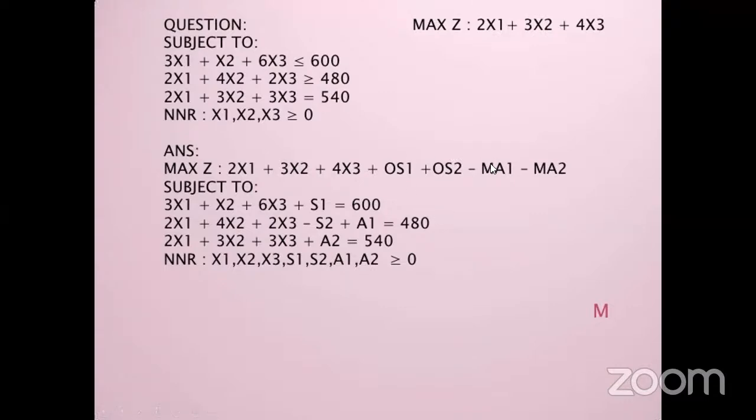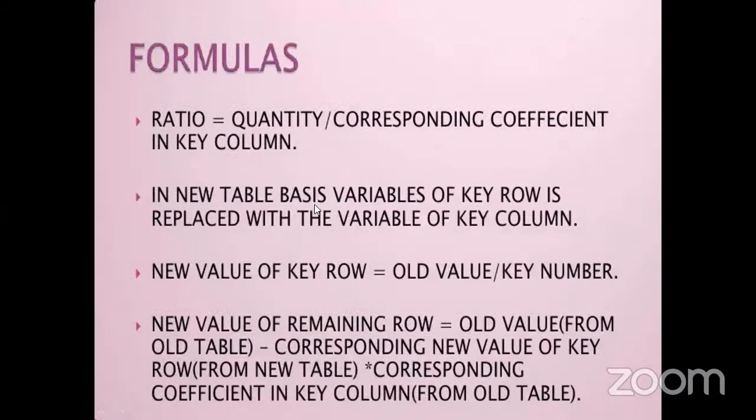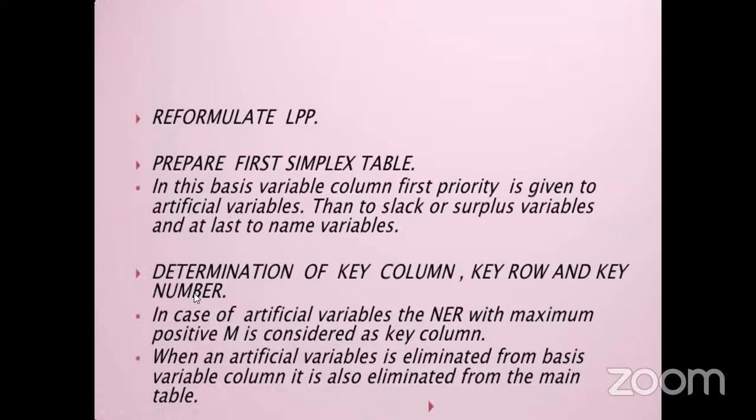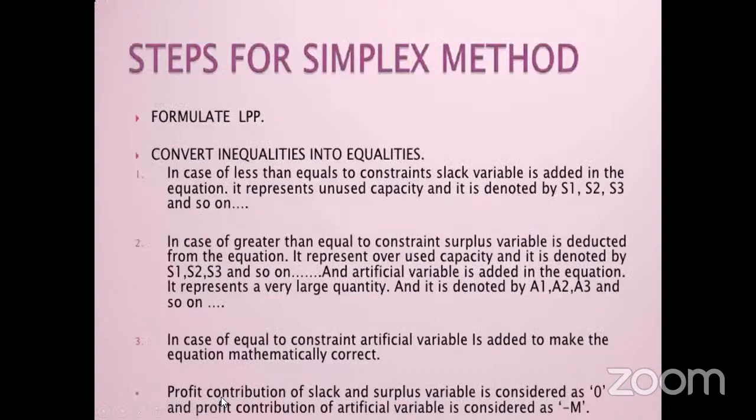That is the theory we just discussed. In the case of artificial variables, the maximum positive M is considered as the key column, and when an artificial variable is eliminated from the basic variable column, eliminate it from the main table. In the basic variable column, first priority is given to the artificial variable, then the slack or surplus variable, and last the normal variables. Profit contribution of slack and surplus variables is considered as 0, and of the artificial variable as minus M.